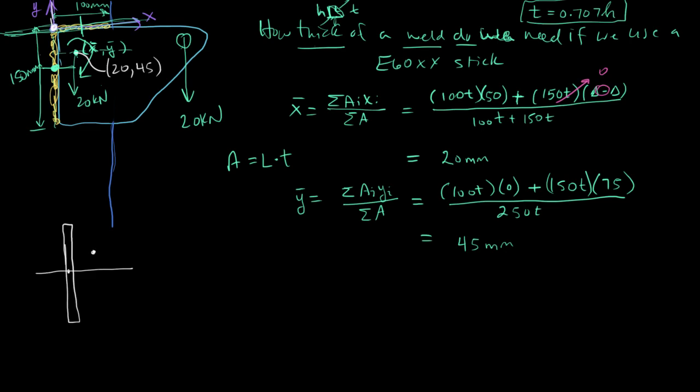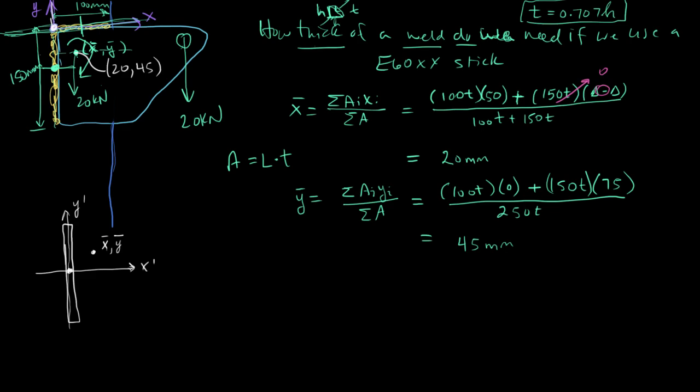Let's say this is our x hat and this is our y hat and this is our x prime and this is our y prime axes, then we can use the parallel axis theorem to look at if the centroid was here, we calculate it and we just move it over.